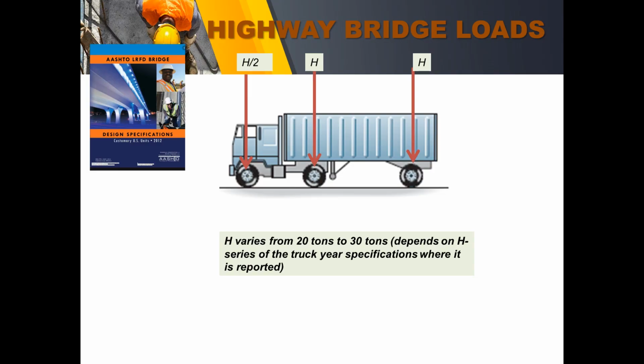So we also have highway bridge loads, wherein we have the H varies from 20 tons to 30 tons, depending on each series of the truck specification where it is reported. Well, anyway, should be a separate topic, but for your reference, the specification or the design load criteria will be found in AASHTO LRFD bridge.